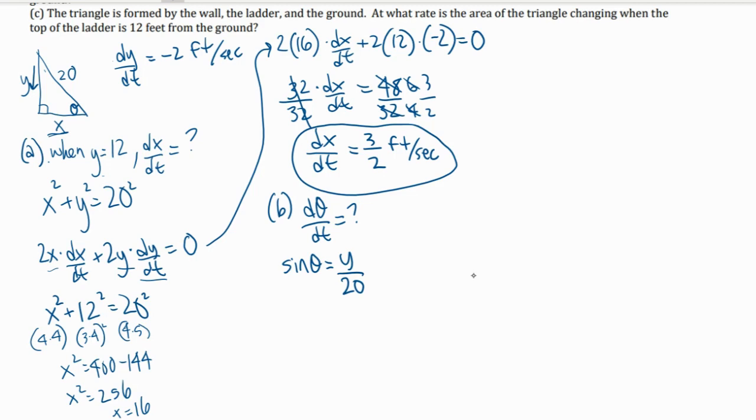Y is changing, so you cannot plug in 12 before you take the derivative. So then I take the derivative of both sides. The derivative of sine is cosine theta times d theta dt. Don't forget your chain rule. You have to take the derivative of the inside, which is d theta dt. And then the derivative of 1/20th over y is 1/20th dy dt.